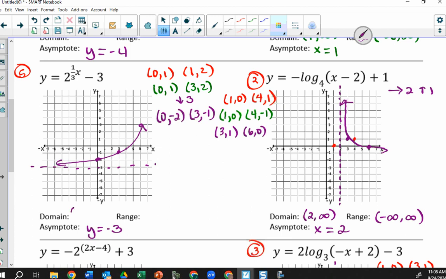All right, guys. Domain, as always, -infinity to infinity. Your range this time, -3 to infinity. Questions on that one?